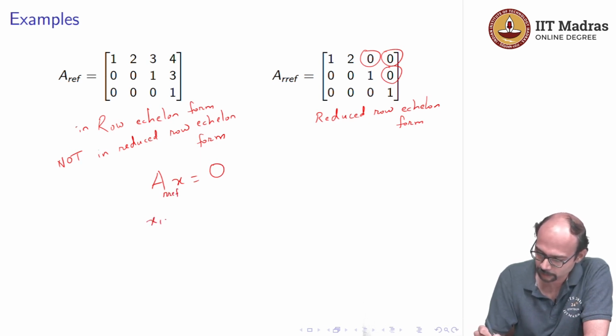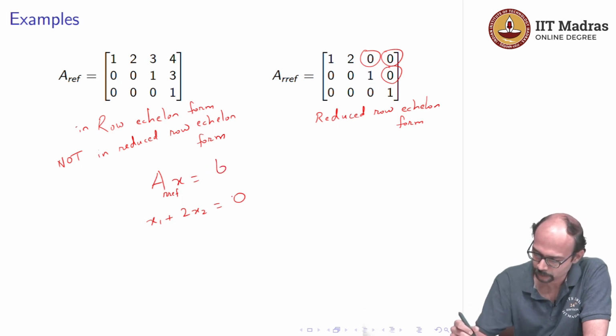The system of equations. So x1 plus 2x2 is 0, or maybe let us do b. Yeah, let us do the general case, let us do b. Okay, so this is b1, and then x3 is b2, and then x4 is b3, great.